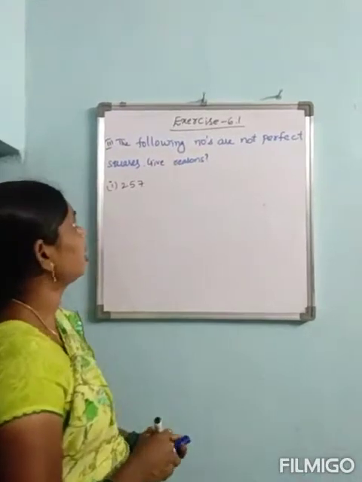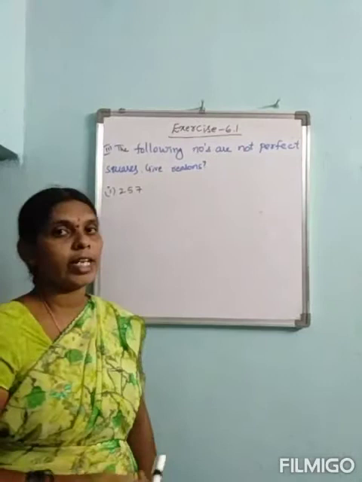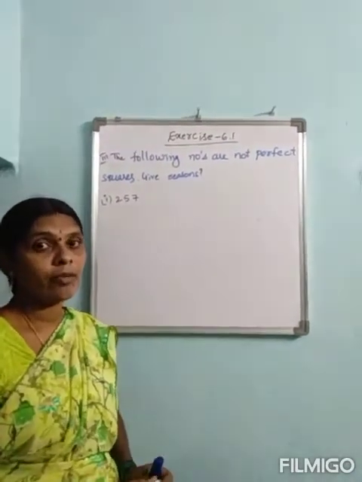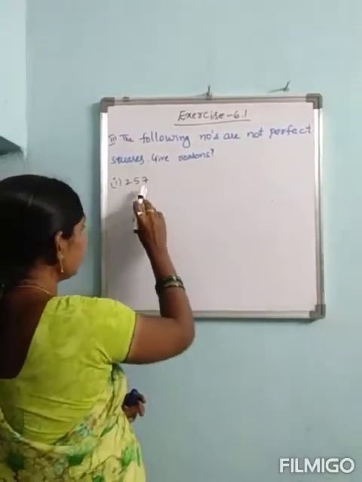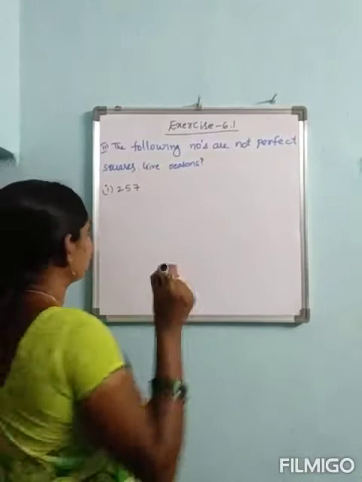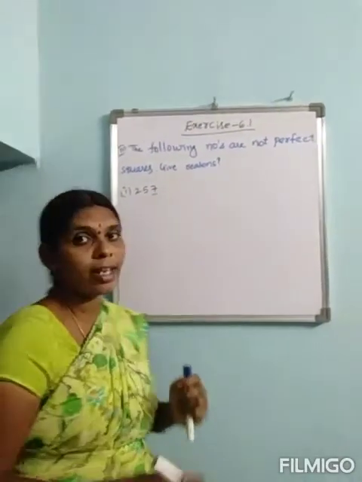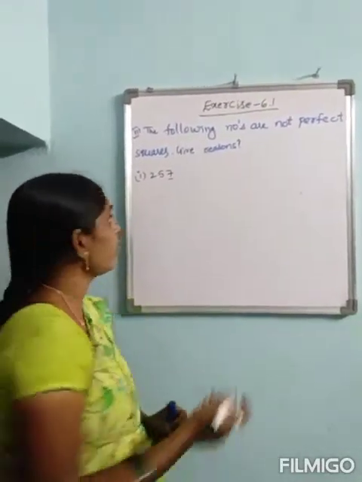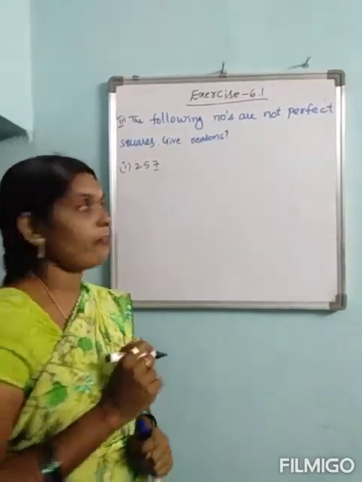Here, 6.1 third bit. The following numbers are not perfect squares. Give the reason. So what is the reason? You have to observe carefully. First, what are you observing here? This number is 257. In the units place, which number is there? 7. We have just discussed this. When 7 is in the units place, that is not a perfect square.